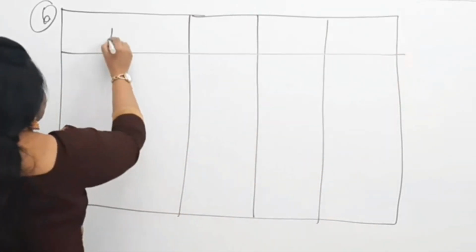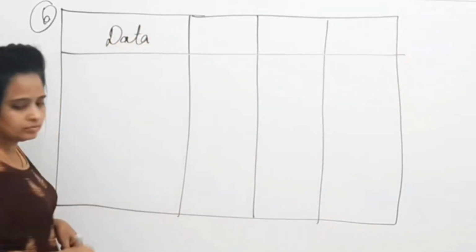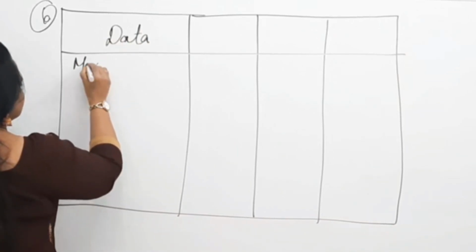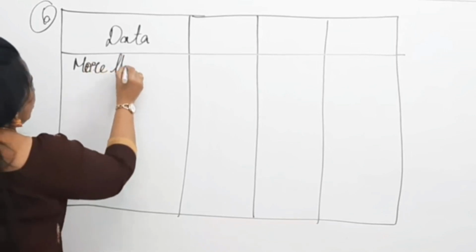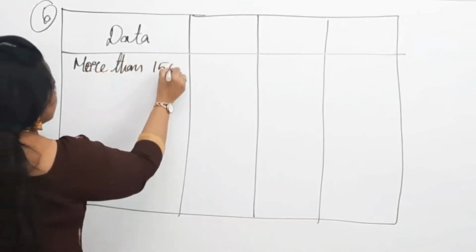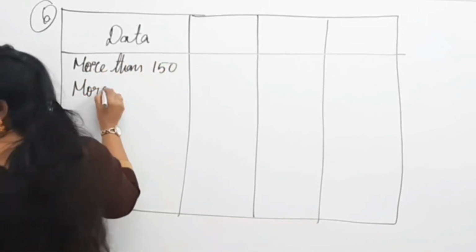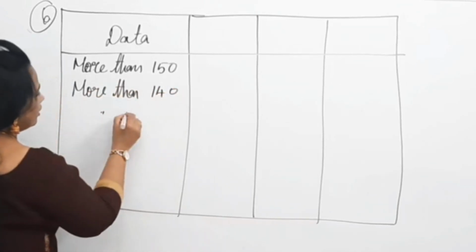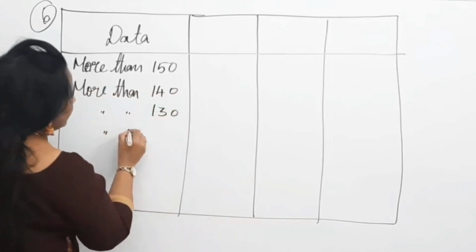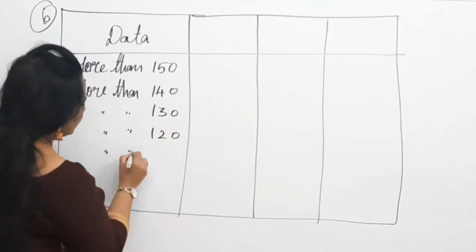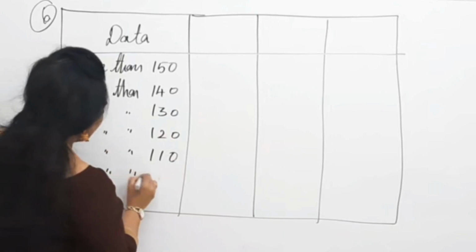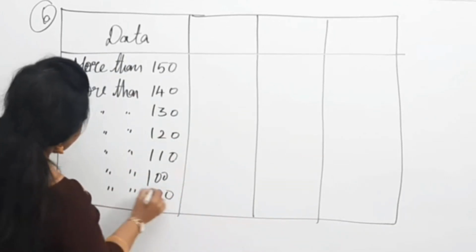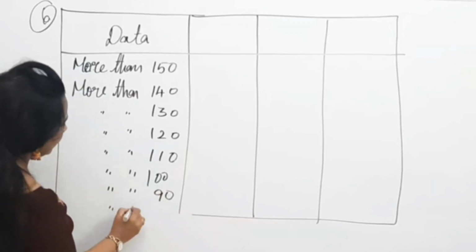My data is more than 150, and then more than 140, and then more than 130, more than 120, more than 110, more than 100, and then more than 90, and the last one is more than 80.